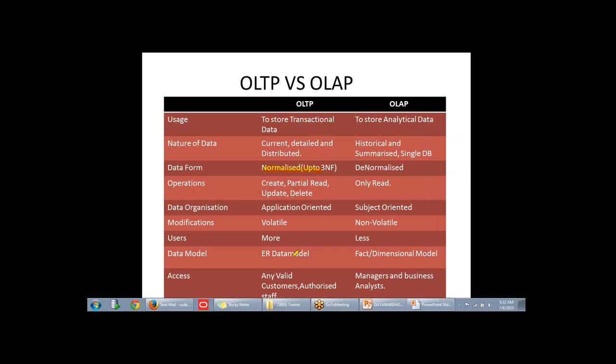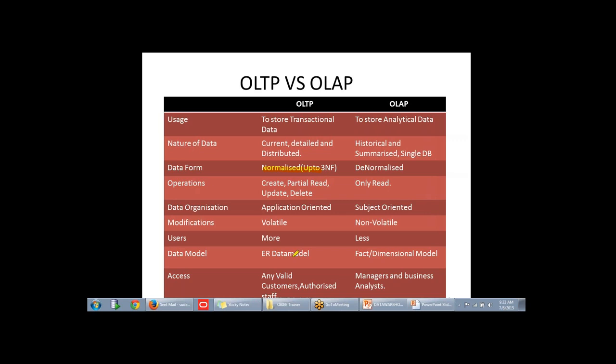Why? Because whenever they query larger data sets like yearly transactions or transactions from the past 5 years, if many joins are involved, there will be a lot of performance issues because it takes a lot of time to generate that kind of reports.